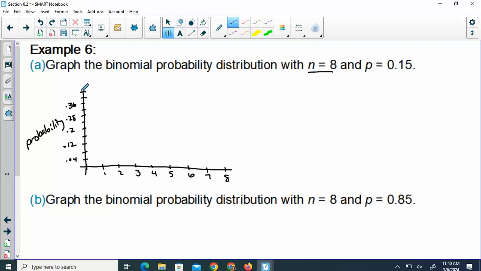So you could count by whatever. I counted by 0.04s on here to kind of give me a little space.